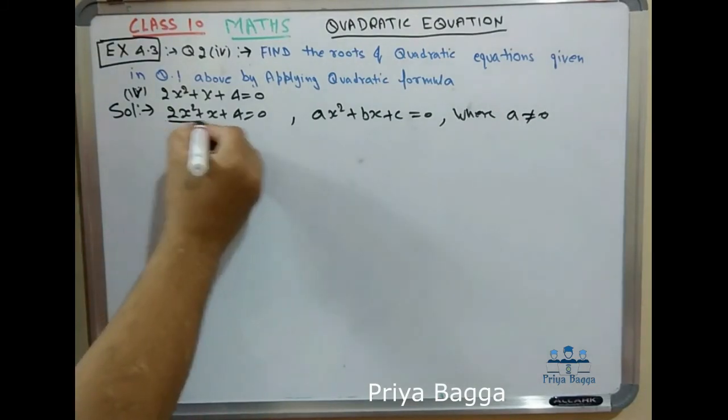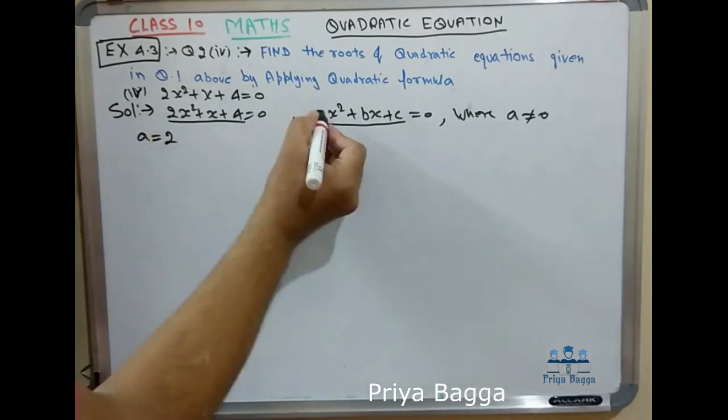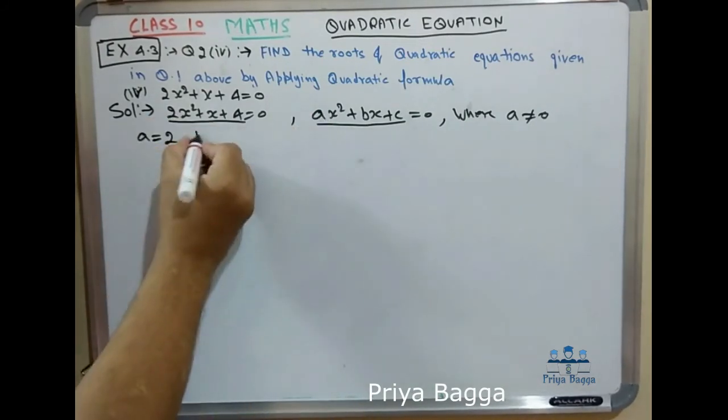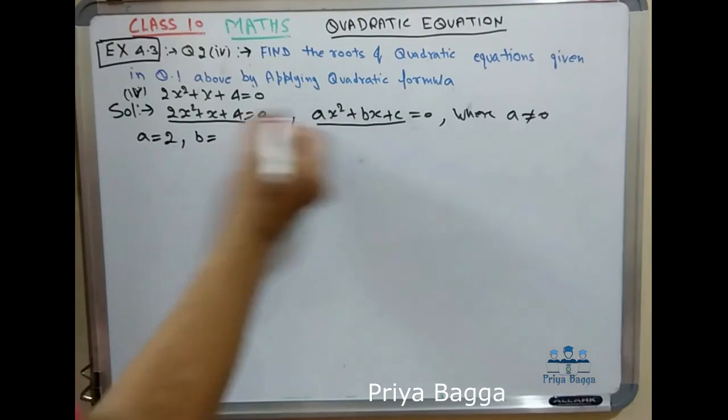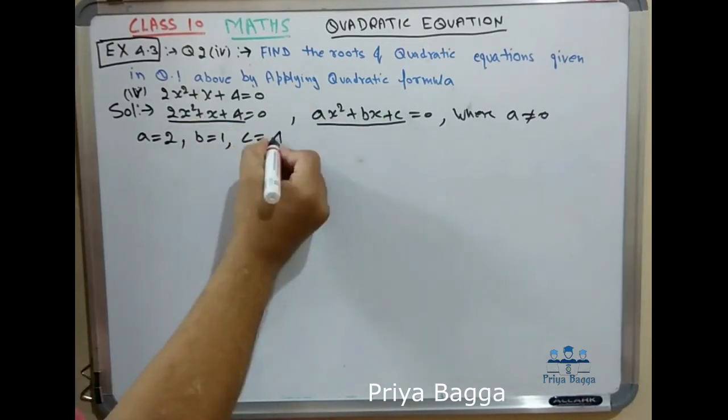If we compare these two equations, we can very easily find the value of a. The value of a is 2, the value of b is 1, and the value of c is 4.